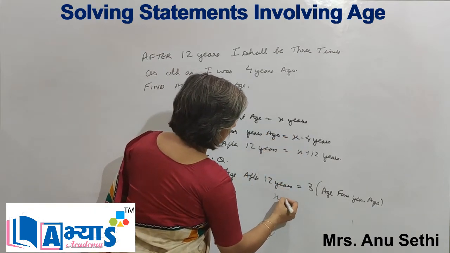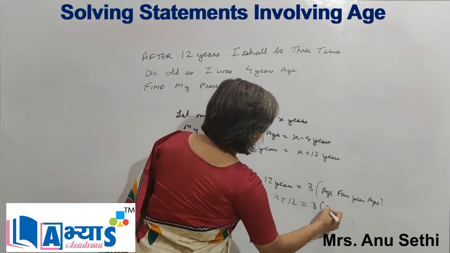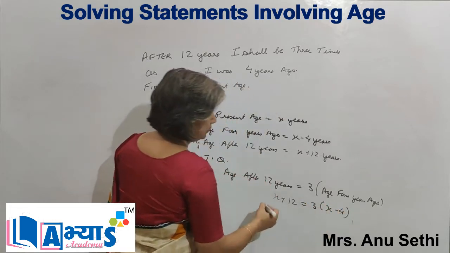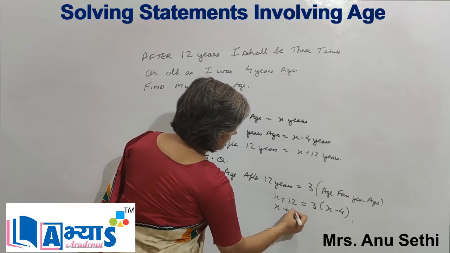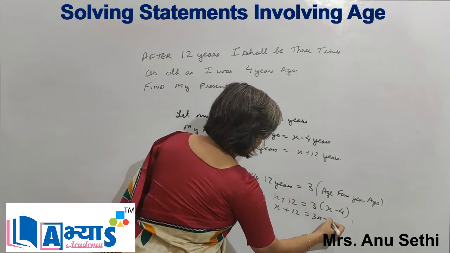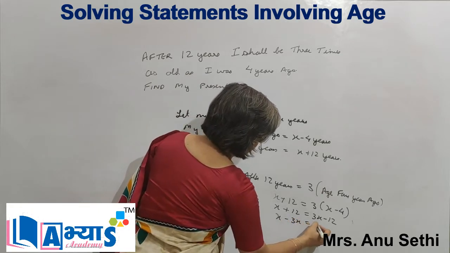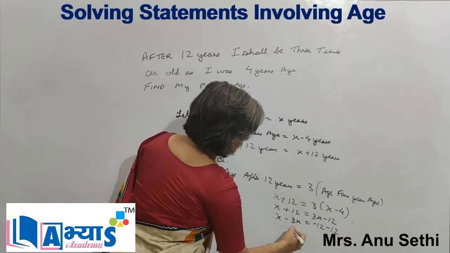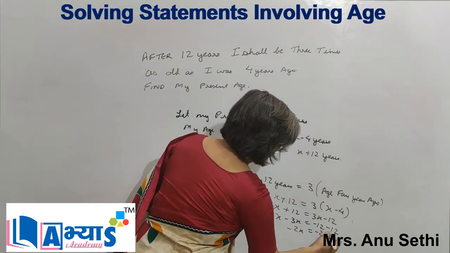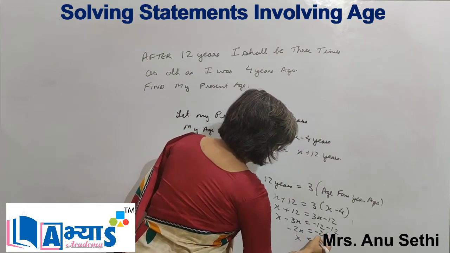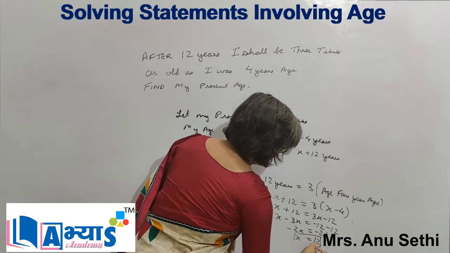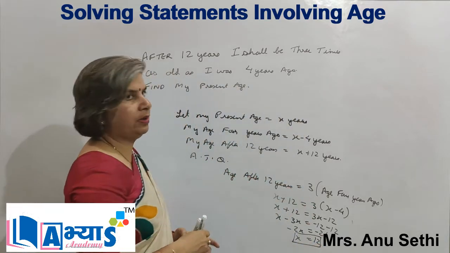Substituting these values, I get x plus 12 is equal to 3 times x minus 4. Simplifying further, x plus 12 is equal to 3x minus 12. So x minus 3x is equal to minus 12 minus 12, minus 2x is equal to minus 24, or we can say x is equal to 12. So my present age is 12 years.